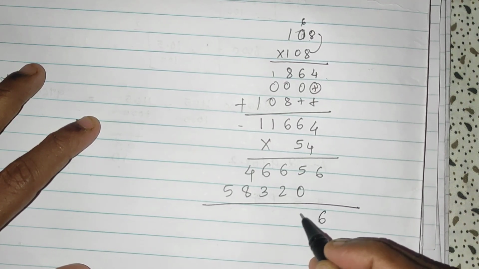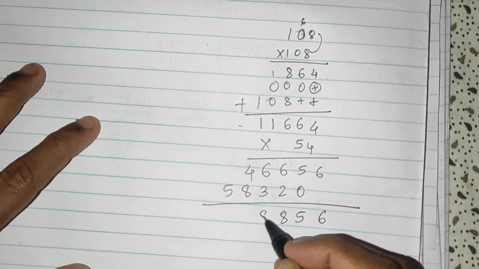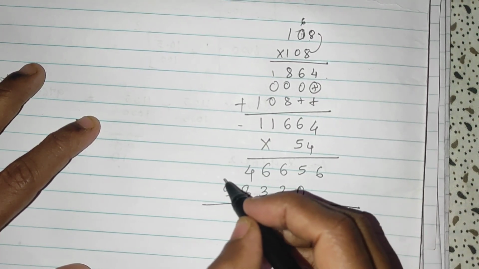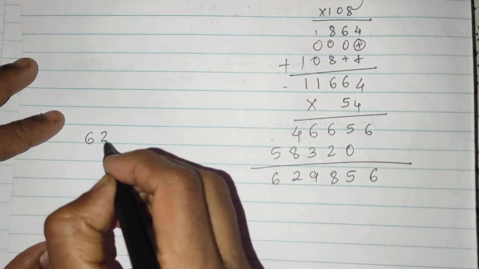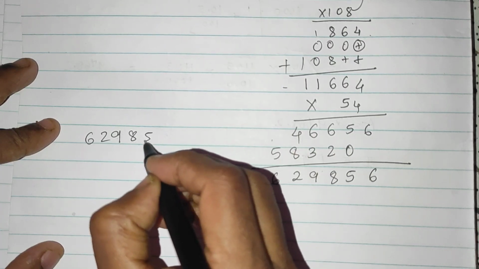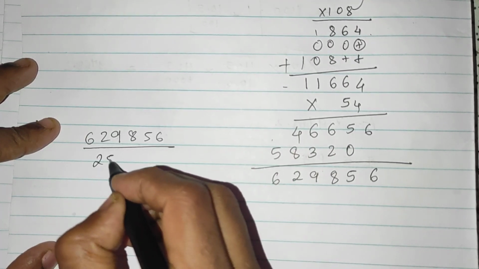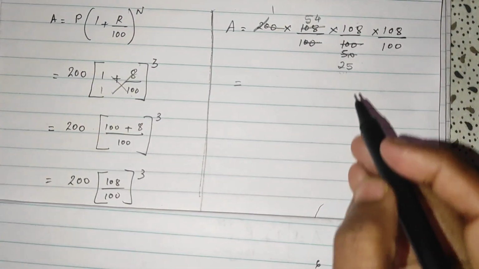So 6 5 8 9 12 and 6. So 6 2 9 8 5 6 divided by 25 into 100, because in the bottom 25 into 100 is left.